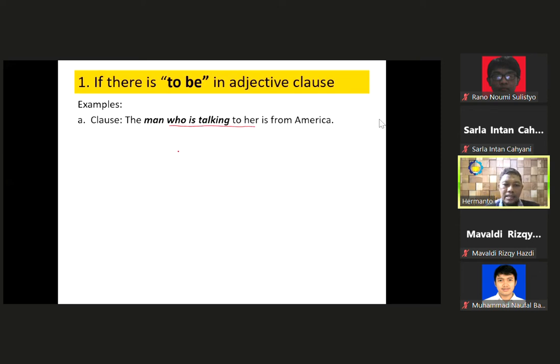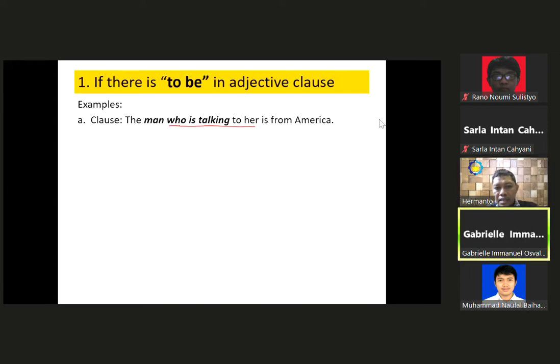Now just pay attention to this adjective clause, everyone. What is the subject in this adjective clause? Who is the subject. What is the predicate? Is talking.